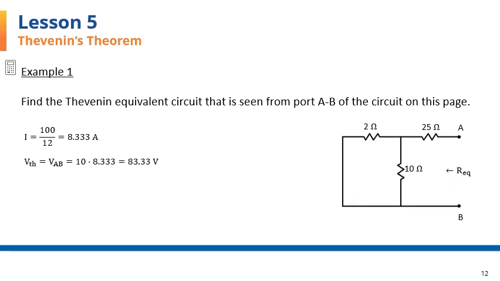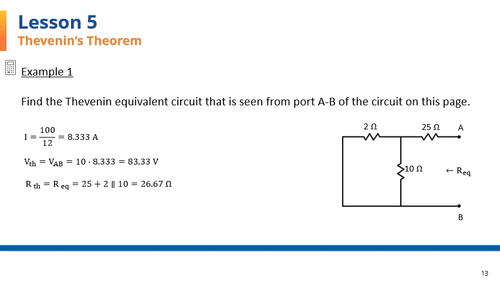Here is what the circuit looks like with the voltage source removed and replaced by a short. We can see that our equivalent here is going to be the parallel combination of 10 and 2 added to the 25, because the combination falls in series with the 25 to form the R equivalent. I'll show the calculation on the next slide.